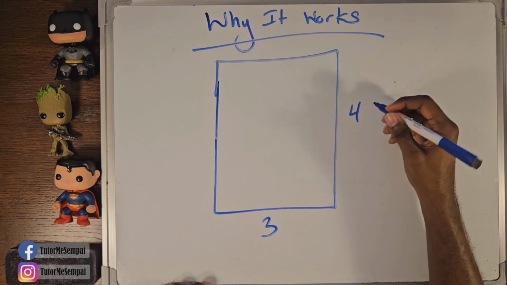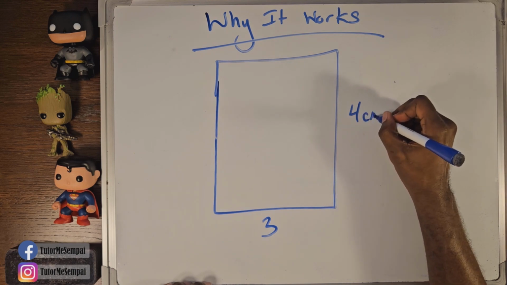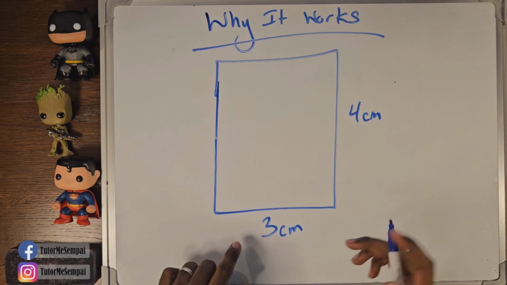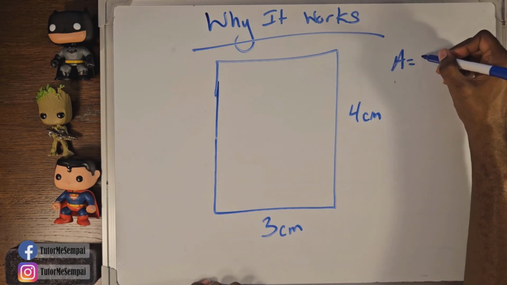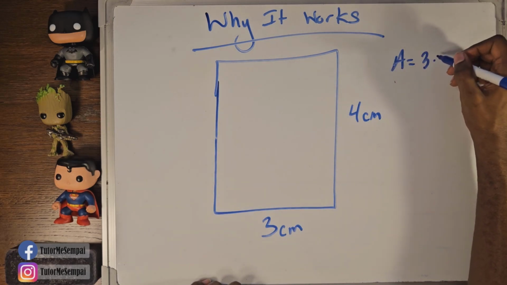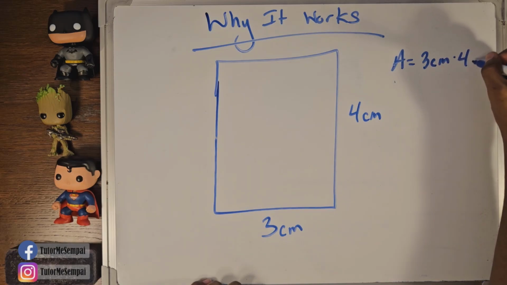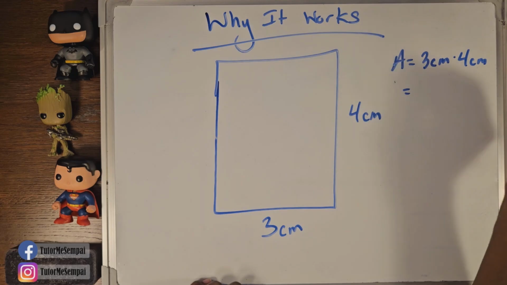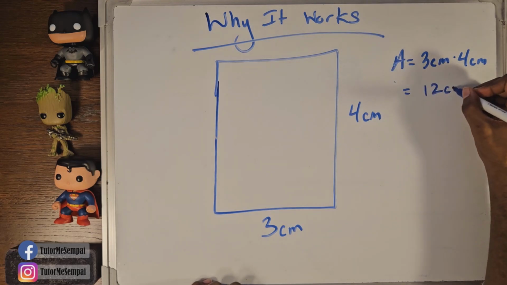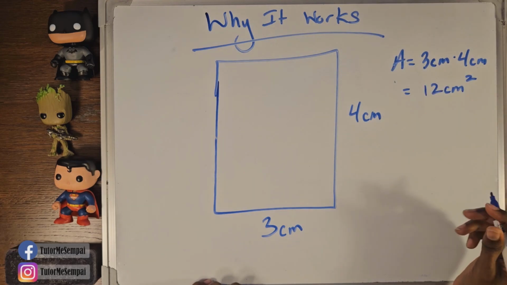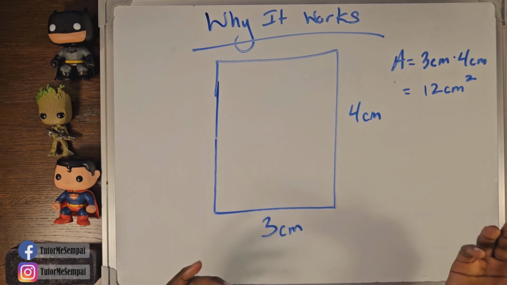And this is going to be now centimeters. This area was going to say 3 times 4, right? 3 centimeters times 4 centimeters. 3 times 4 was 12. We have centimeters squared. So our area is 12 centimeters squared.